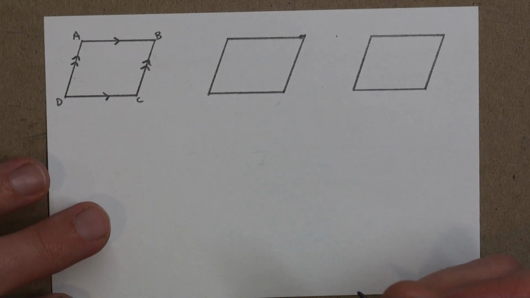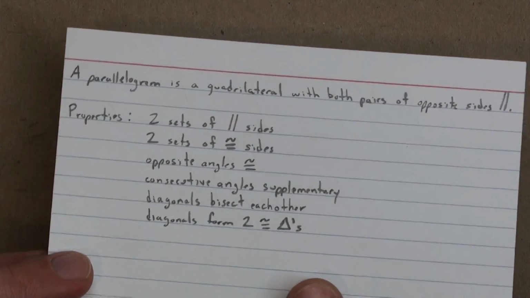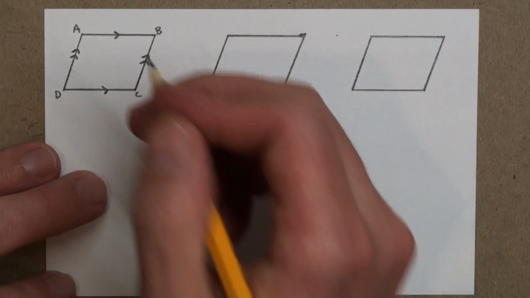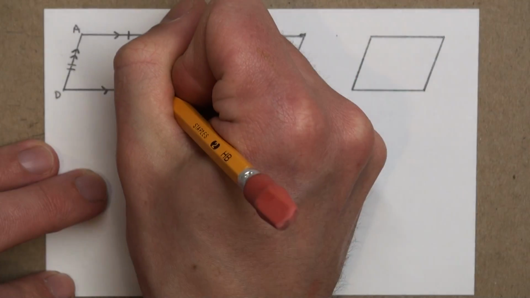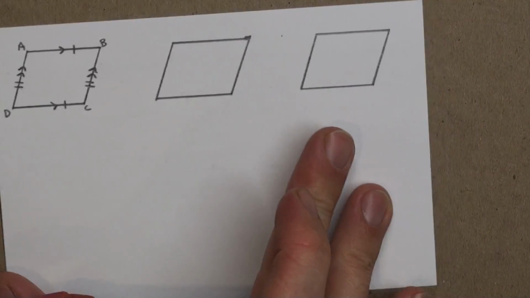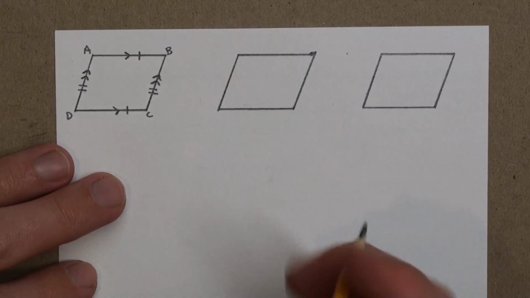Okay. So that covers the first property. Then we have 2 sets of congruent sides. So let's put 1 line here and 1 line here and 2 here and 2 here. Opposite angles are congruent.